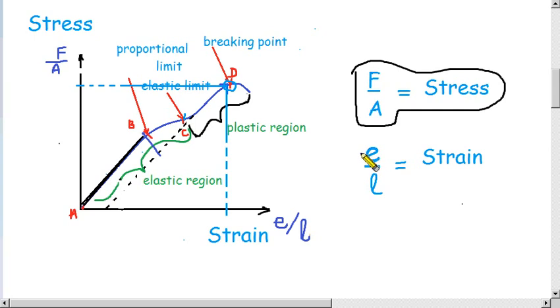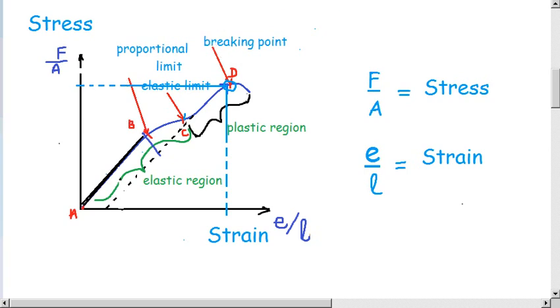So E is extension, this one is the initial length, this one is the cross-sectional area, and this one is force. If we plot the graph like that, we get the same shape. Nothing is changed; everything exactly matches the previous one.